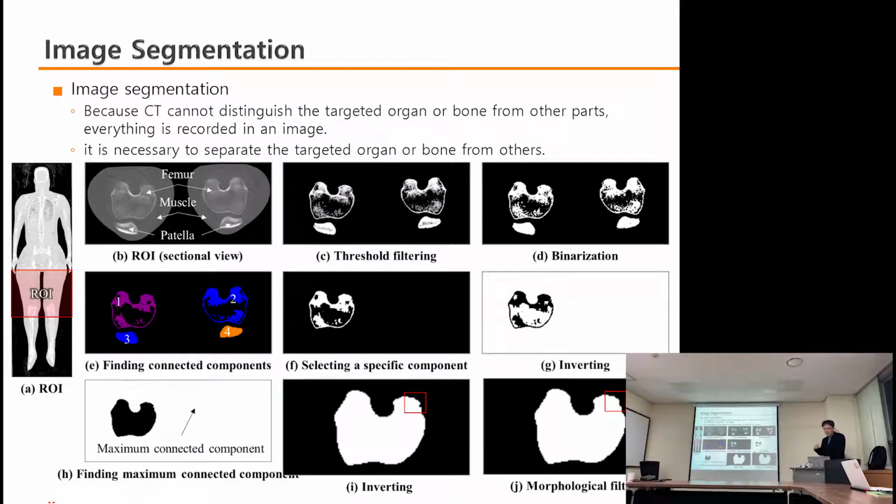So through this image segmentation process, we can obtain the bone part only. But there are several sharp or small pixels, so to make the image smooth, I used a morphological filter, and then we can obtain a smoothed image of the bone.